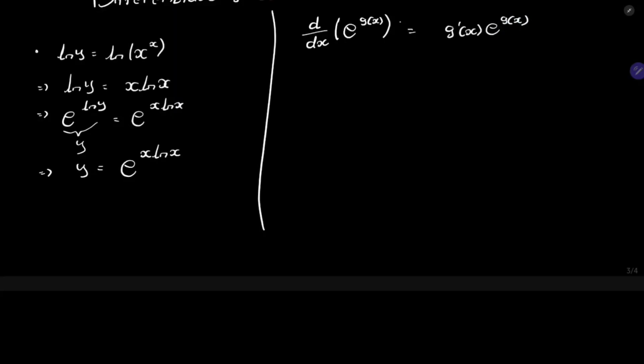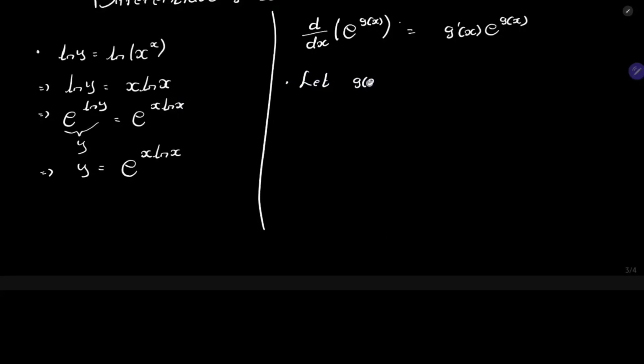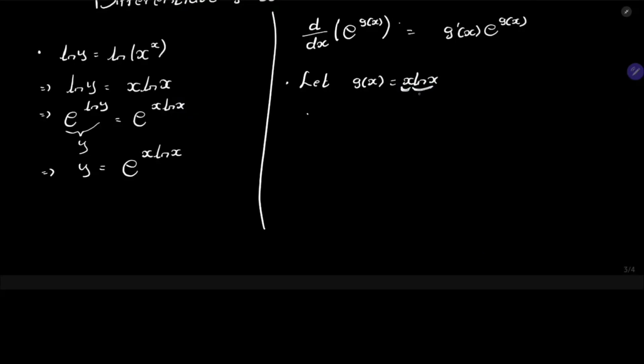So first of all, we have to calculate g prime of x. We'll let g of x be equal to x ln x. How do we now calculate g prime of x? The first thing you notice is that this is a product of two functions. The first function is x and the second function is ln x.